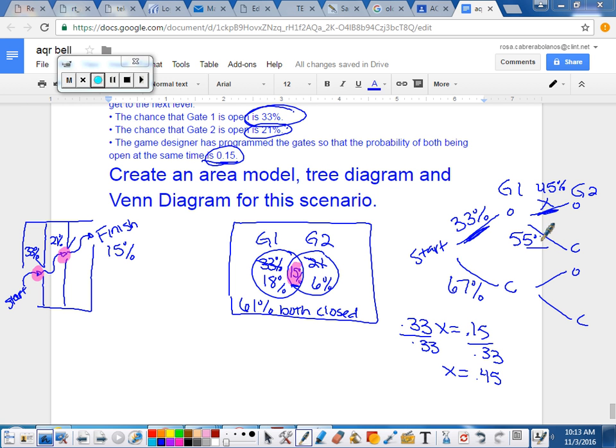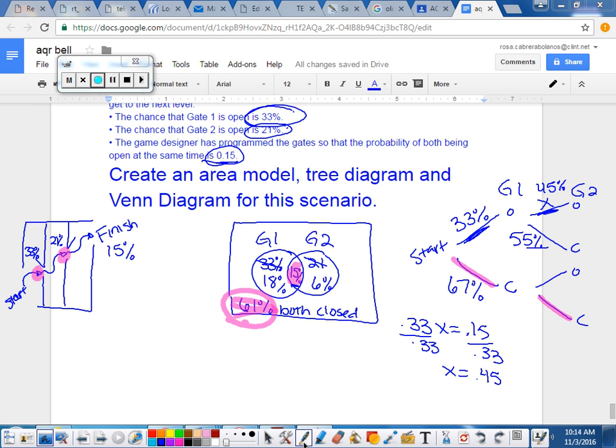Okay. Now remember that since this is a risk question, these two parts of the tree are not going to be the same. I still have to calculate the bottom part. According to my Venn diagram, I know that they are both closed 61% of the time. That means that when I multiply 0.67 times a number, it should be giving me 0.61.